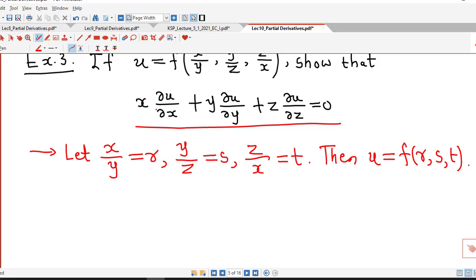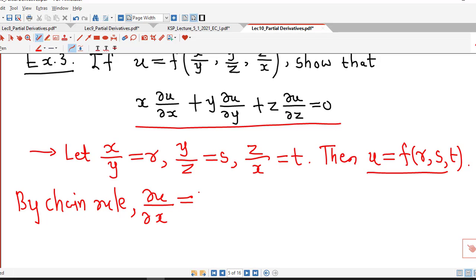So we require x into del u by del x. So for that we first calculate what is del u by del x. So by chain rule, del u by del x, u is function of RST. So first we differentiate u with respect to RST. Del u by del r, del u by del s, del u by del t.